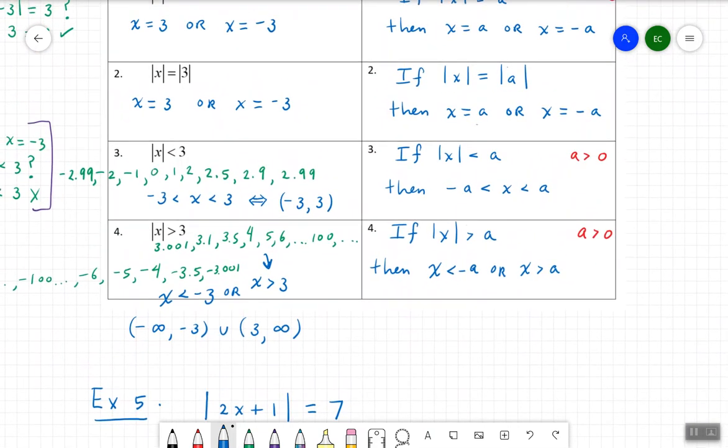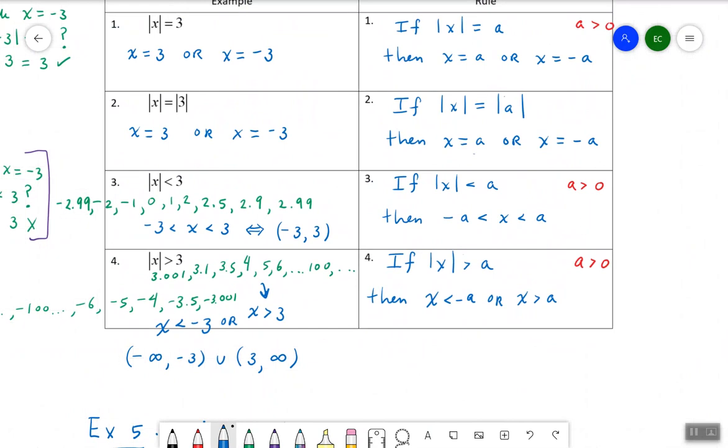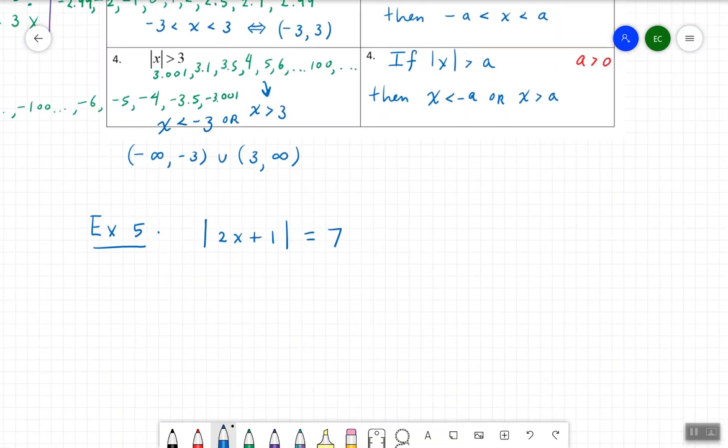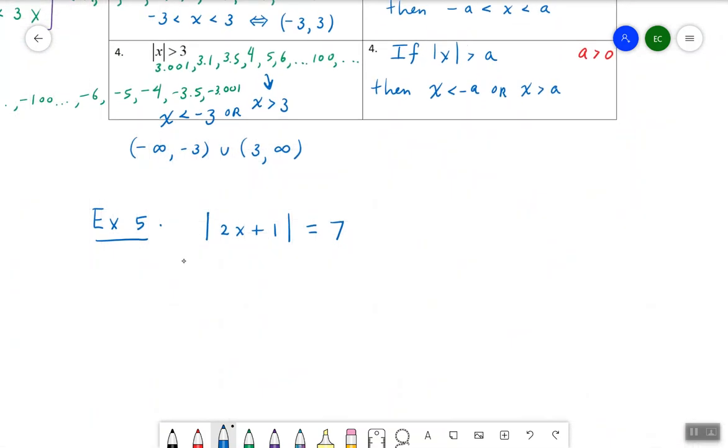The rule says we need to get 2 equations. We can drop the absolute value and have x equals a or x equals negative a. So the variable expression inside the absolute value, 2x plus 1, is equal to the number on the other side of the equation, or 2x plus 1 is equal to the opposite of that number.